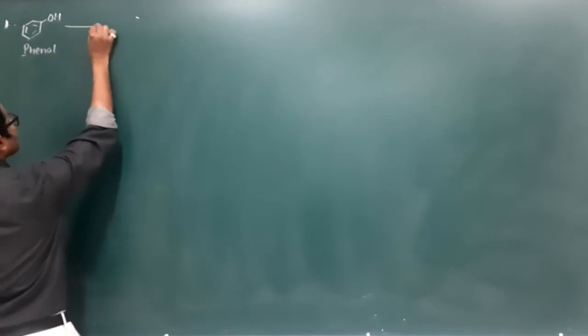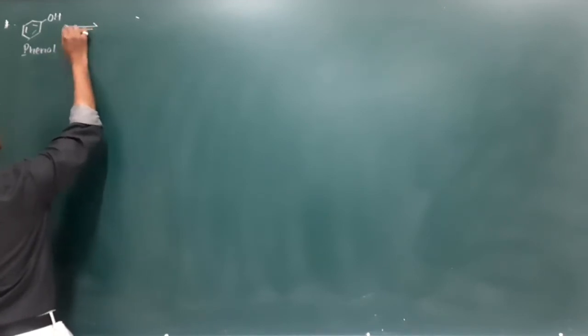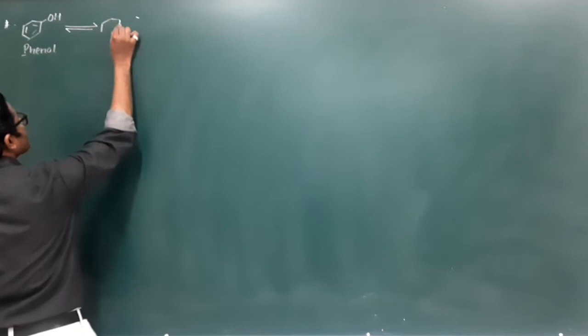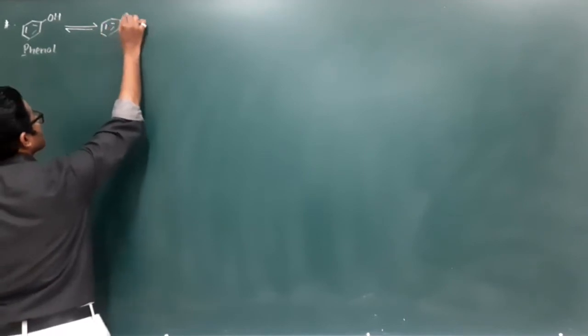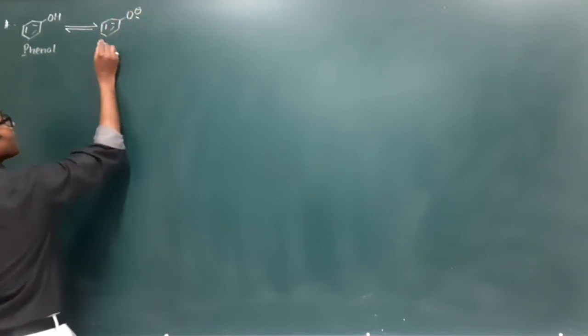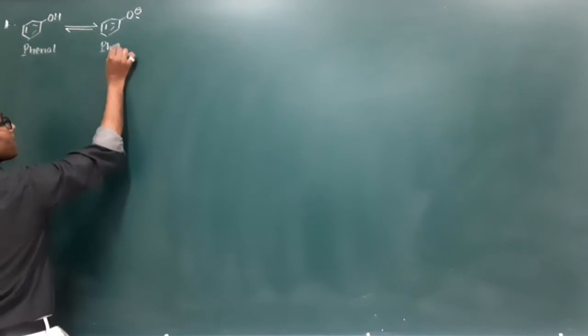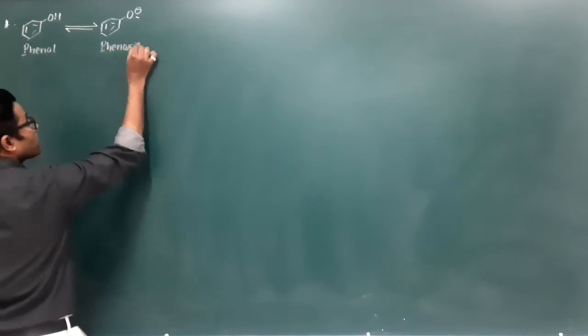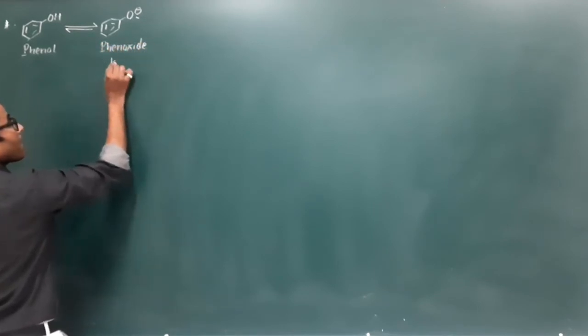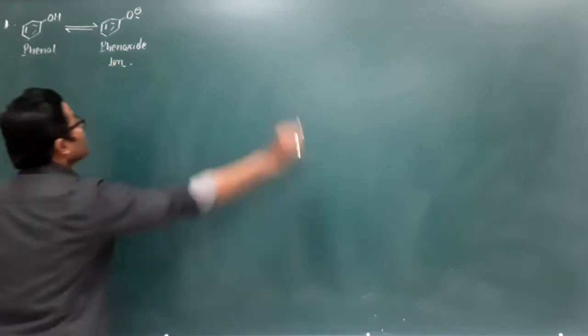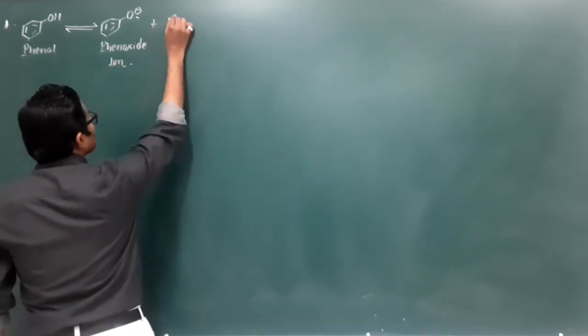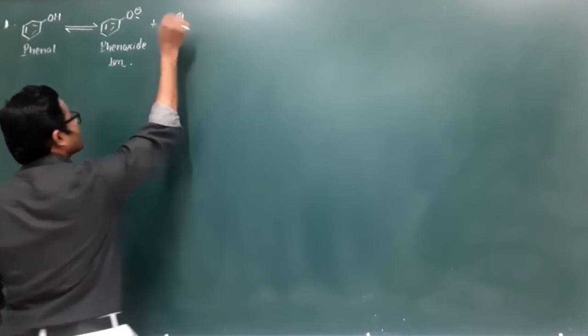As we already know, this particular phenol undergoes ionization to produce a phenoxide ion, right, along with H plus, that is a proton. We need to understand how this particular phenoxide ion is stable.